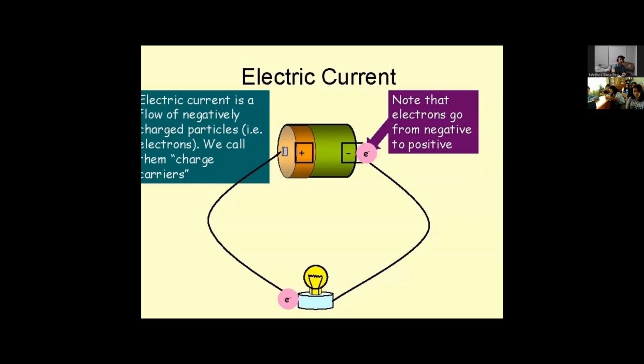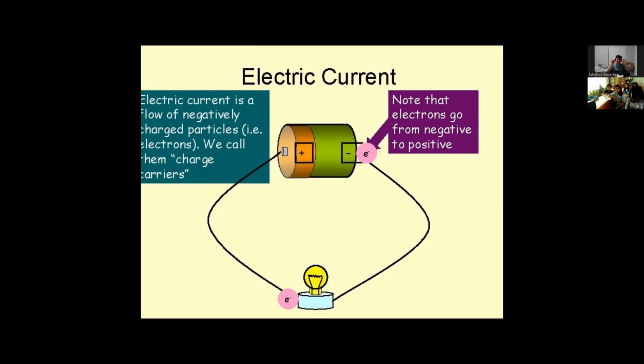So this is an example of electric current. You don't really need to know this, but you can see how you have the battery and then a light bulb, and then you can see the electrons circulating, going from negative to positive. It's a flow of negatively charged particles called electrons, and they call them charge carriers, okay? So you can see they go through on each end of the light bulb.